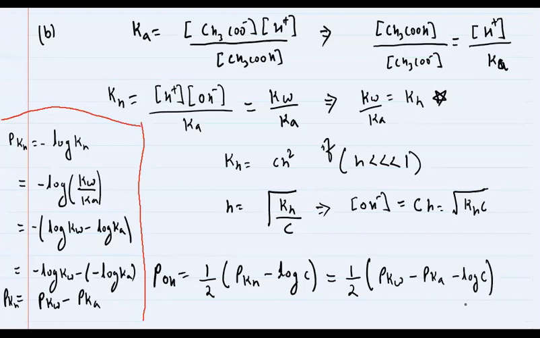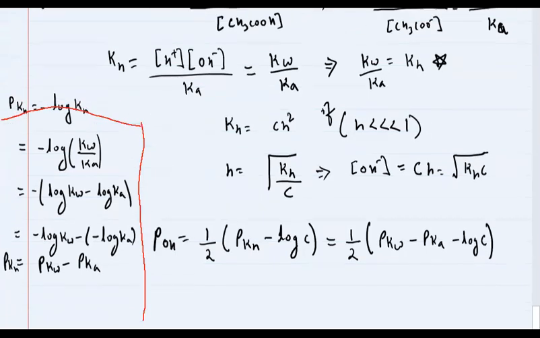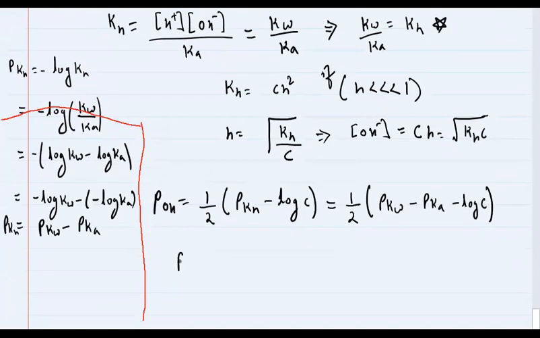Yes or no? Step by step. Now this is pOH. What about pH? We know that pH is equal to 14, which is nothing but pKw minus pOH. Yes or no?